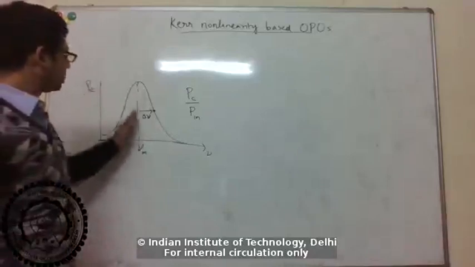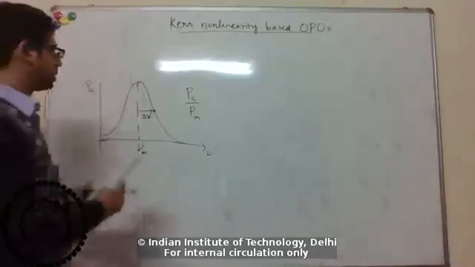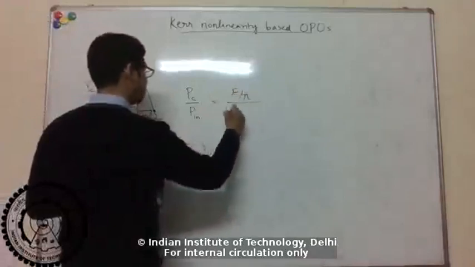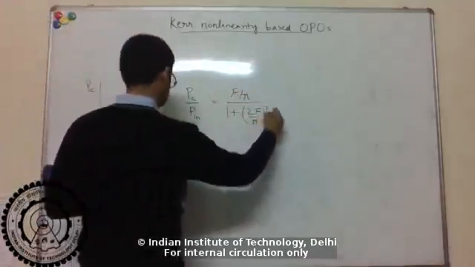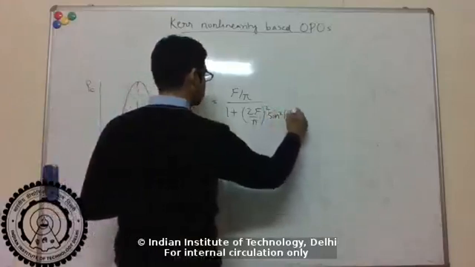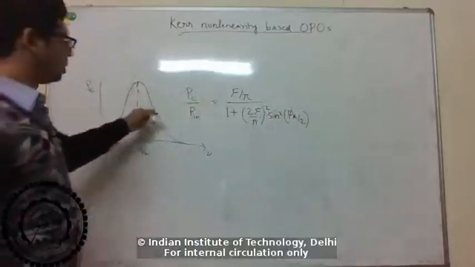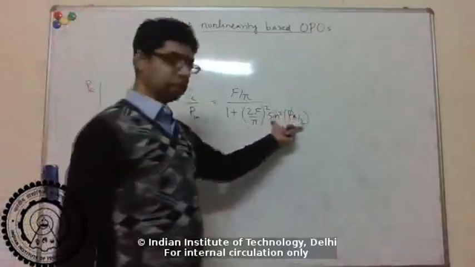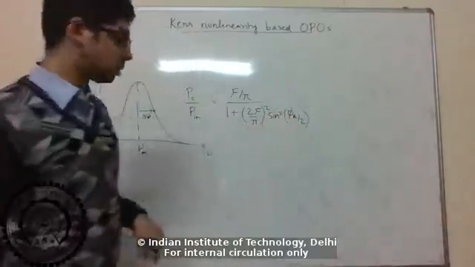If I'm right at resonance, so if delta nu is 0, then the power in the cavity is maximum; it's enhanced by the finesse. So this expression here was finesse. On resonance, this phi r is a multiple of 2 pi, so the sine term goes away, and Pc is F over pi times P in.